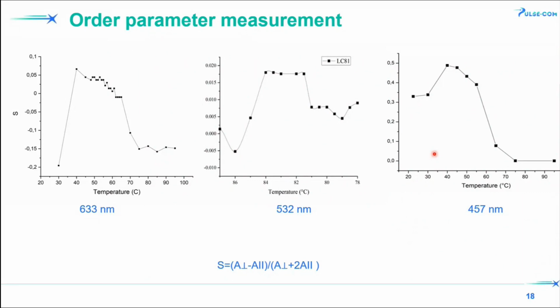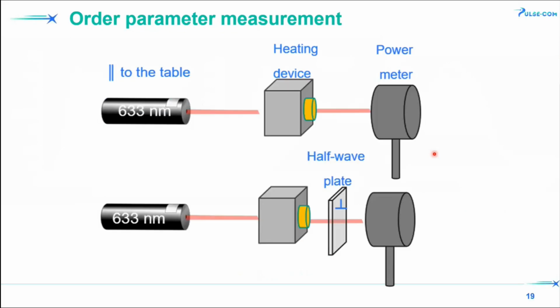One approach to solve this problem is the one that you see here on the bottom. The main difference is that we put another polarizer here that is perpendicular to the table. So we have the laser that is parallel to the table and the polarizer that is perpendicular. Of course, if the cell inside the heating device is parallel or perpendicular to the table, we're going to have a minimum of transmission, because the light will be cancelled by the polarizer or by the cell, in case we are in a nematic condition.